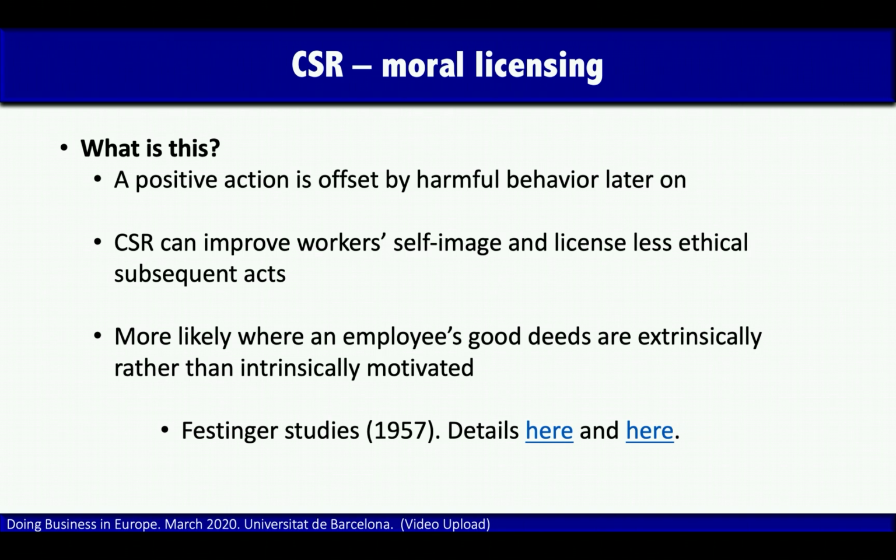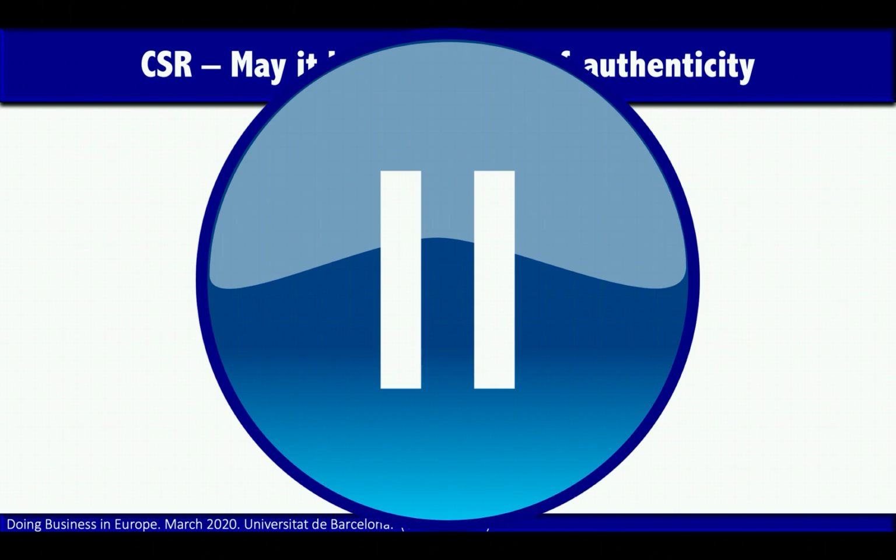So it's tricky for the firm to really know how their workers are motivated, because it may affect how much effort they put in afterwards in keeping up with what the firm is trying to work on.